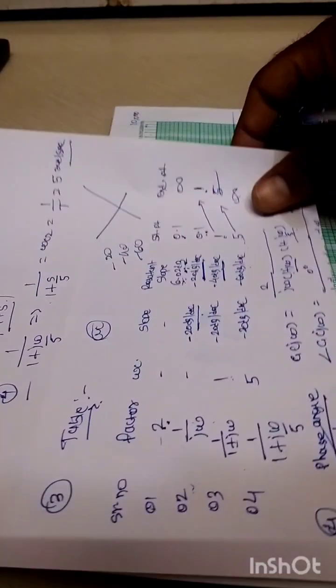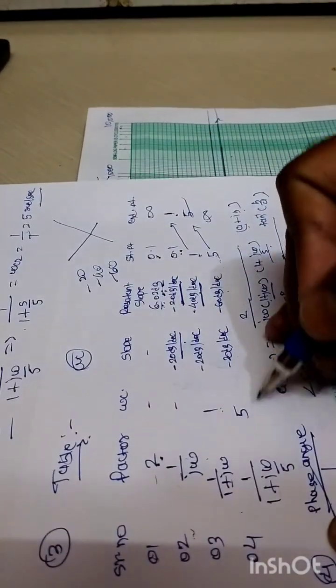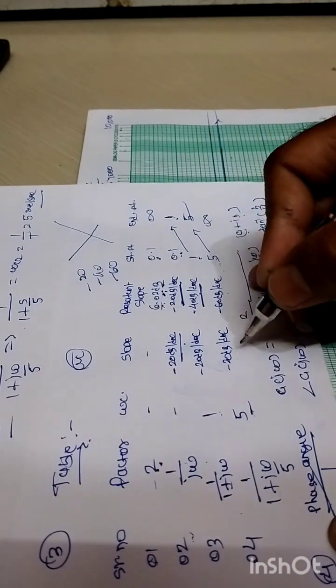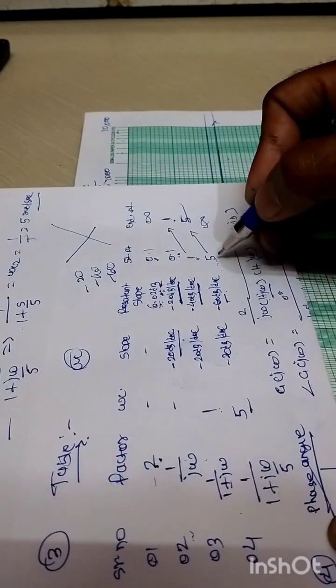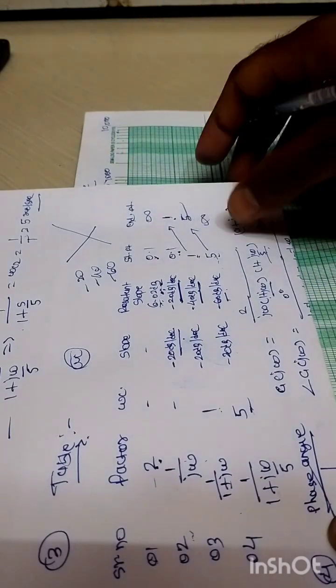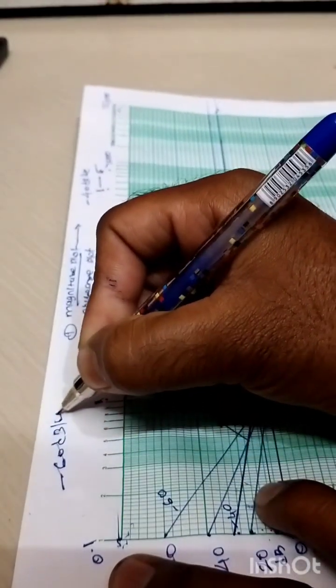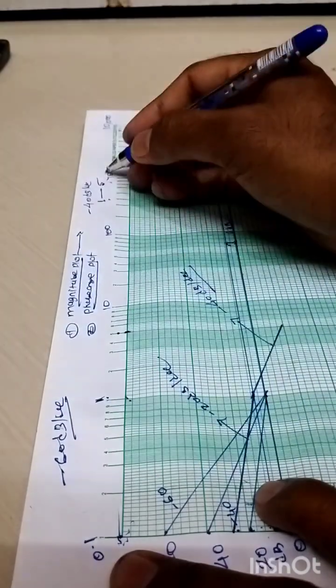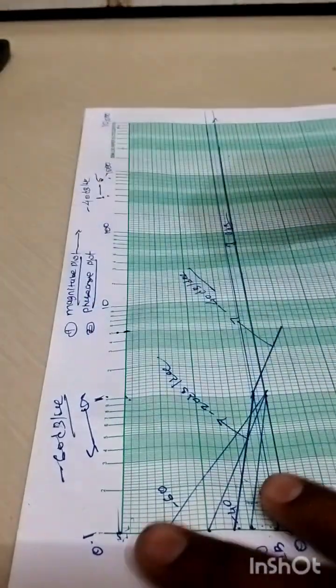Now when we need to consider the last factor, whose value is 1 divided by 1 plus j omega divided by 5, whose corner frequency is 5, whose desired slope is how much? Minus 60 dB per decade. Starting point is 5 and ending point is infinity, right? So whose slope is how much? Minus 60 dB per decade, and whose starting point is the end point of this previous 5 and end point is infinity.